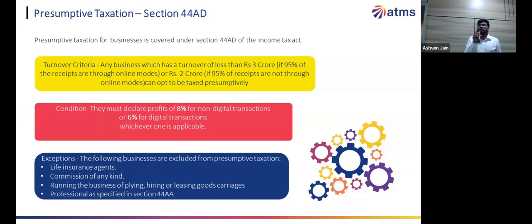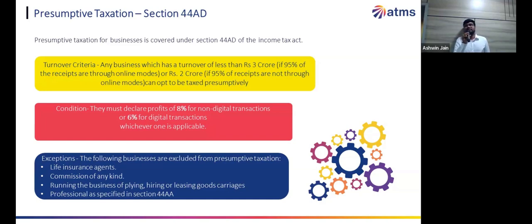And for 6%, as I have covered in a further slide, we need to check that, for example, as on 31st March 24, our turnover is 1.5 crores and 50 lakh is in cash, so there is no question of 6% on that. Again, for the 1 crore which we say is through account payee cheque or digital transaction, we should make ourselves aware that it should be received on or before the due date of filing the return.